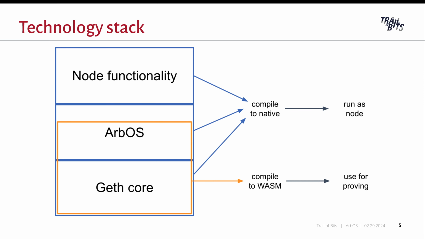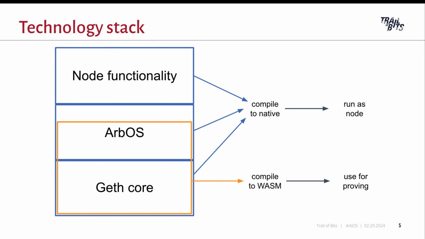There are all the functionalities from the node to be able to read events from L1. We're not going to explain that part. This stack will run in the nodes, compiled to native code.